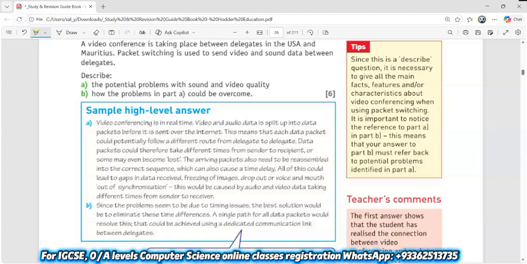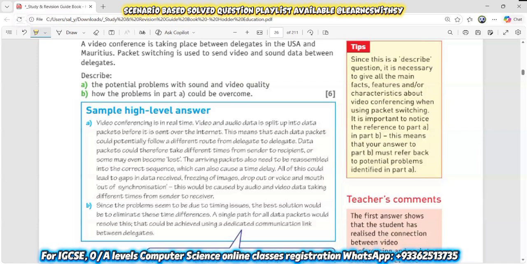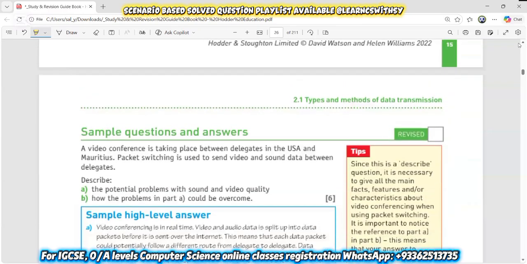Now, how can the problem be overcome? Since the problems seem to be due to timing issues, the best solution would be to eliminate these time differences. A single path for all data packets would resolve this, that could be achieved using a dedicated communication link between delegates. See, this is what the student had written based on the understanding that it's using one channel.